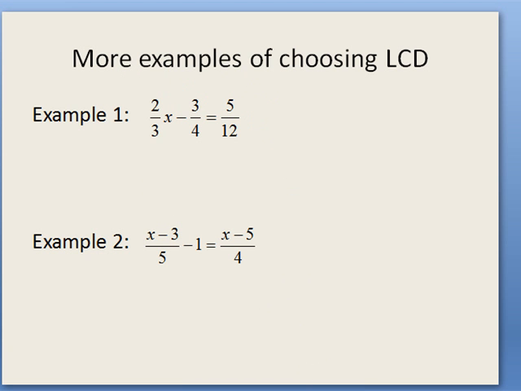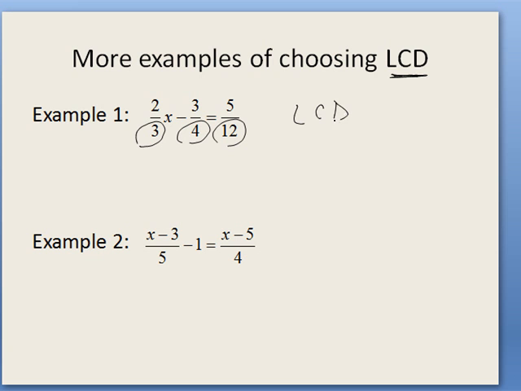Let's move on to a couple other examples here. You want to always understand the process of choosing this LCD. So if you look at example 1, we have 3, 4, and 12. So you want to think about the smallest number that all of these go into evenly. 3's got to go into it, 4's got to go into it, and 12's got to go into it.